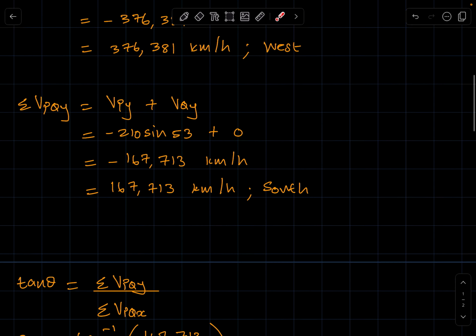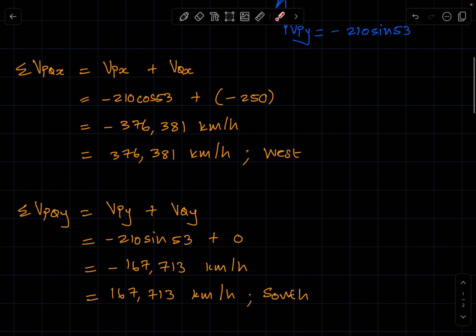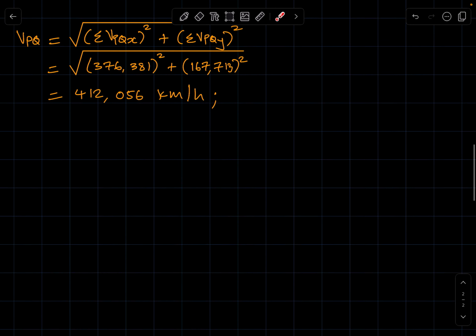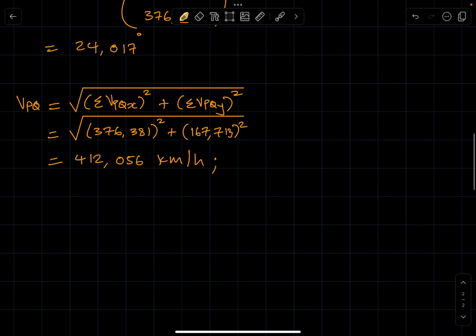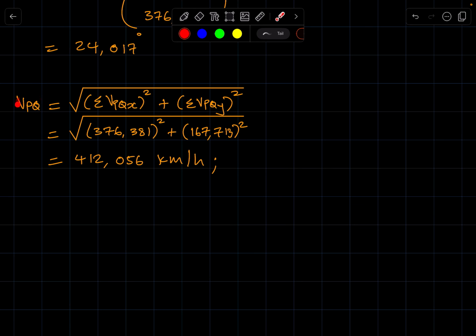The x component of the resultant is headed west, so our angle is referenced from west. Our angle is 24,017 degrees. Where is it going?